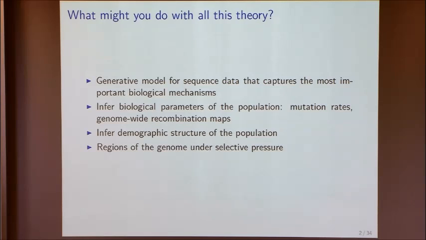And the hope is that these parameters model the parameters of the underlying biological processes. So for example, if we model the mutation rate or the recombination rate in this Coalescent framework, the hope is that these parameters that you use in your models have some realistic meaning. So we are interested in capturing the most important biological dynamics and mechanisms in these models with those parameters.